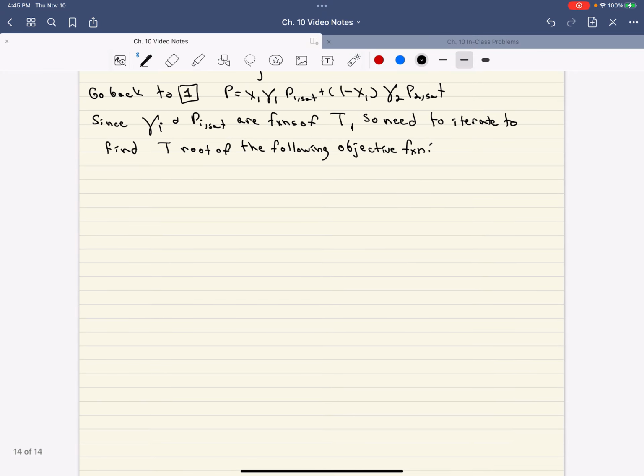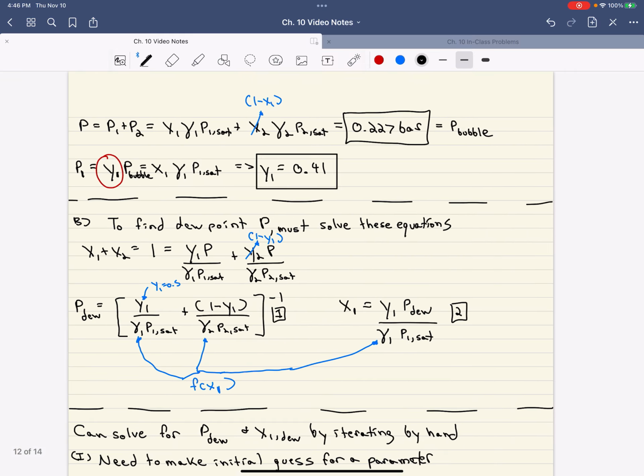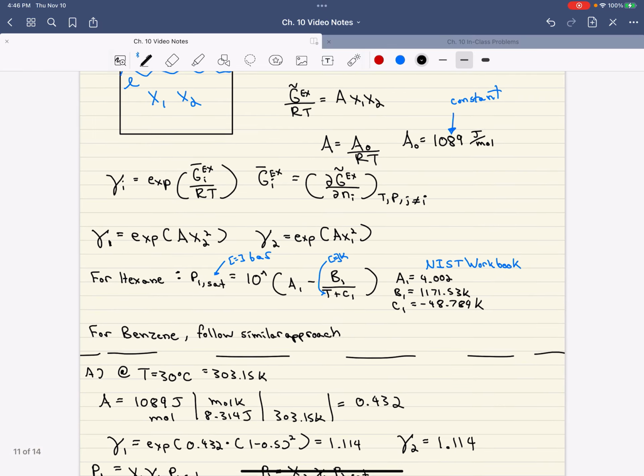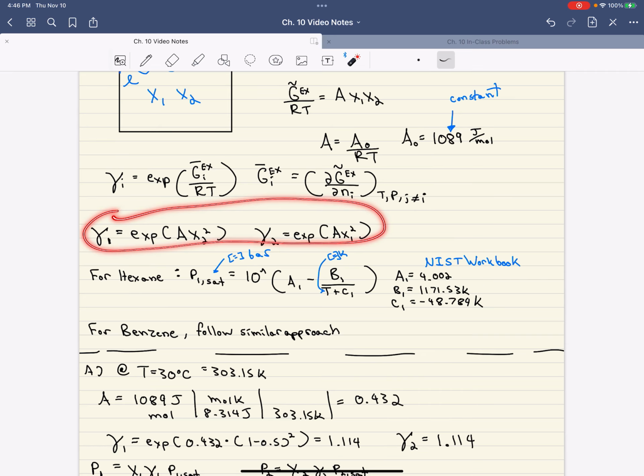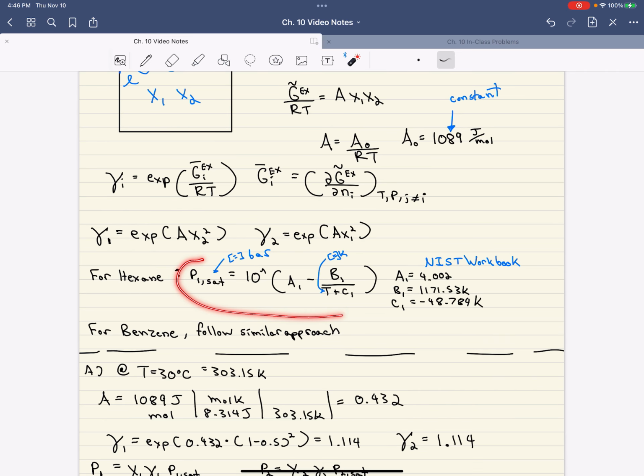Your f obj is just going to be equal to x1 gamma 1 P1 sat plus (1 minus x1) gamma 2 P2 sat minus P, right? Where your gammas are here, and then for your P sats, you would use Antoine's equation.